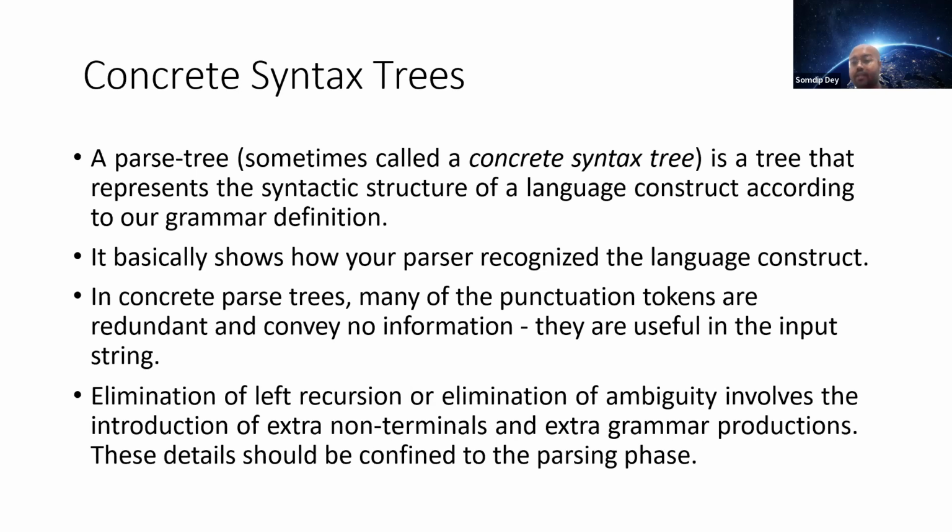In a concrete syntax tree, many of the punctuation tokens are redundant and convey no information. Elimination of left recursion or elimination of ambiguity involves the production of extra non-terminals and extra grammar productions itself. So these details should be confined to the parsing phase only.